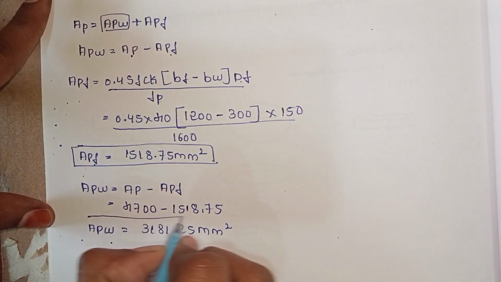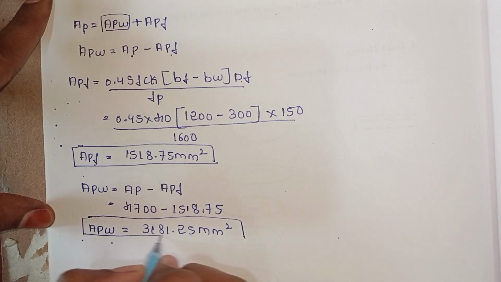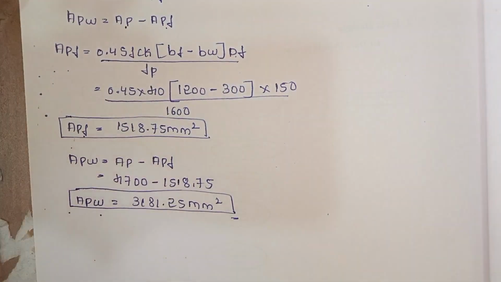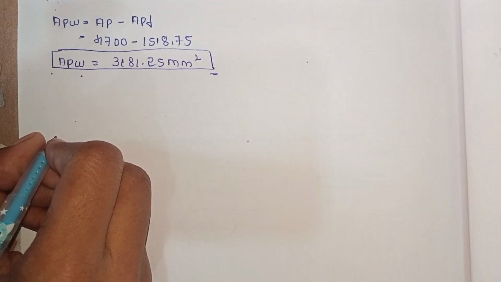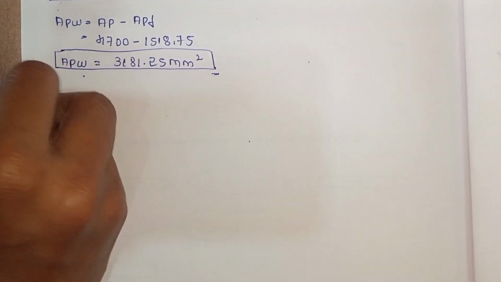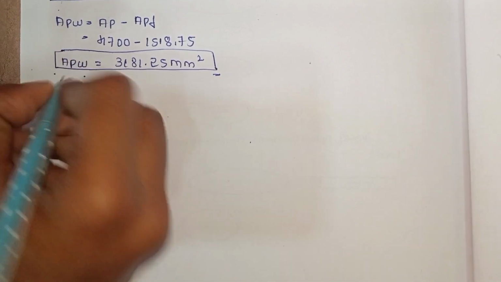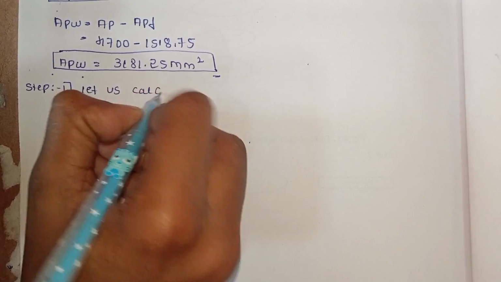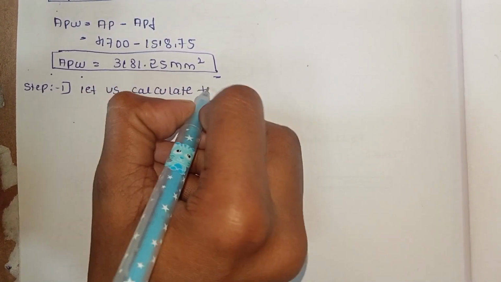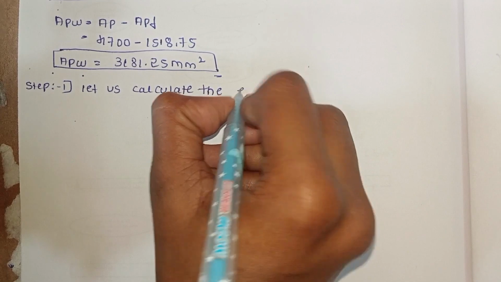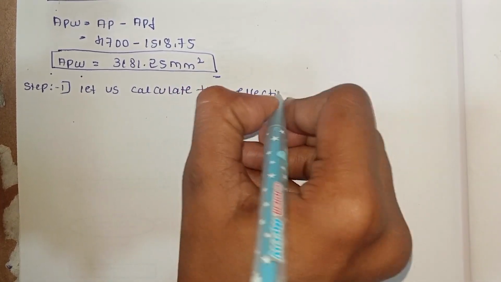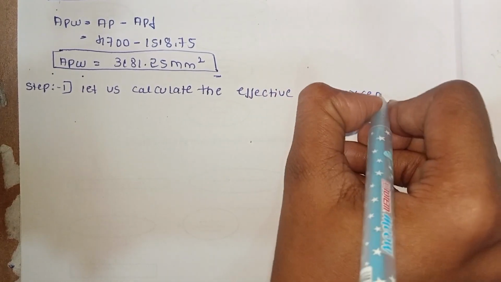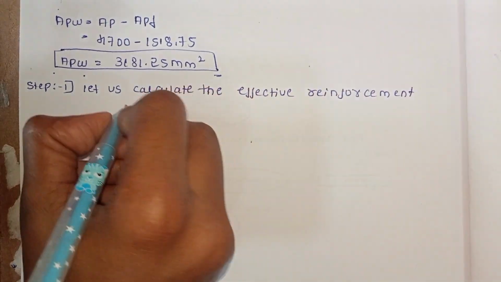Okay, now this area value is considered for further calculation. Now continue the step number 1. Step number 1, let us calculate the effective reinforcement ratio.